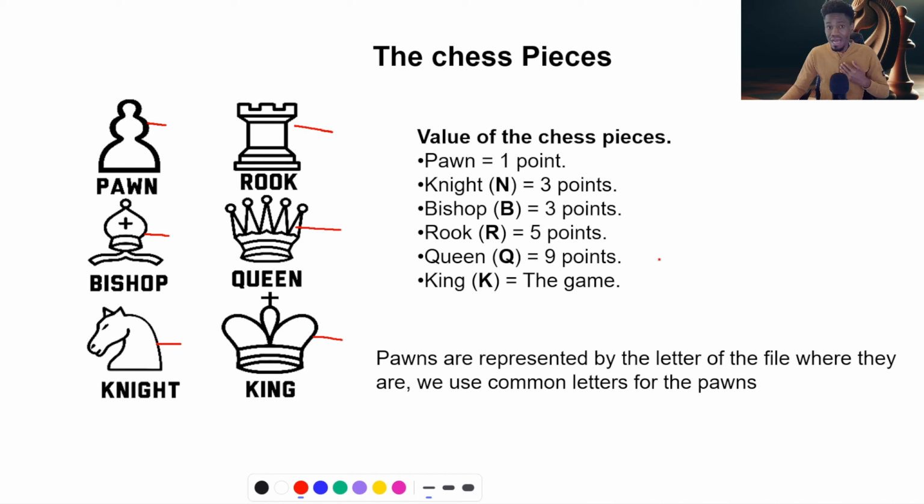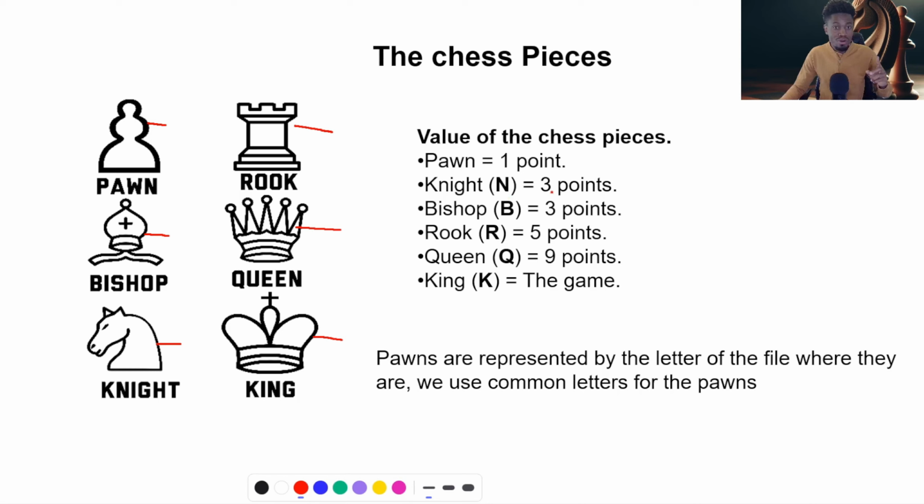The pieces are represented as the following. For example, the knight is represented by the letter N. To represent pieces, we write capital letters. So the knight will be represented by the capital letter N. Notice we're not going to use the letter K for the knight, because the K is going to be given to the king, which is the most important piece on the chessboard.